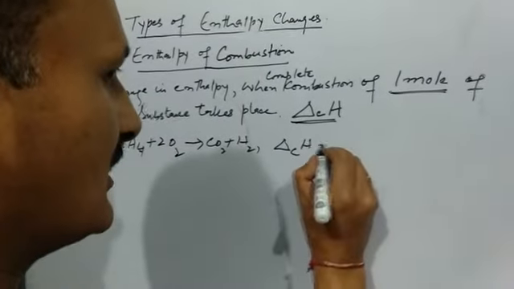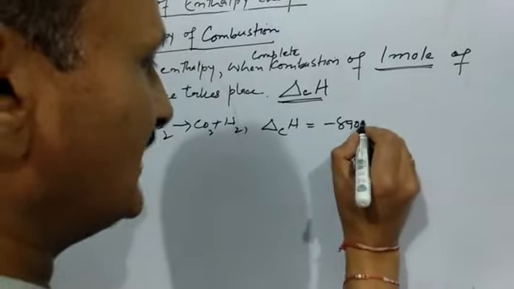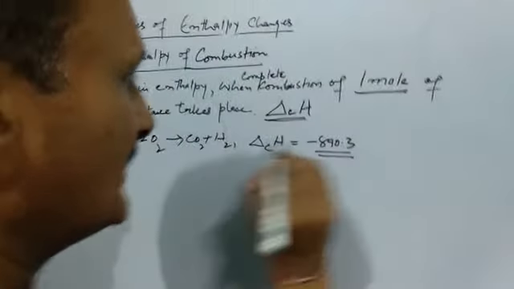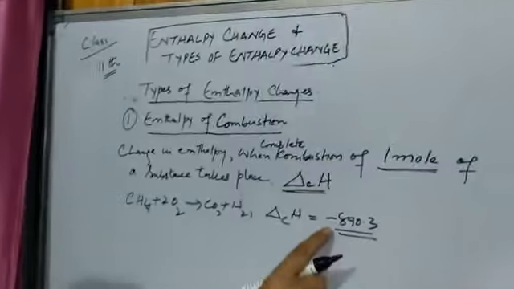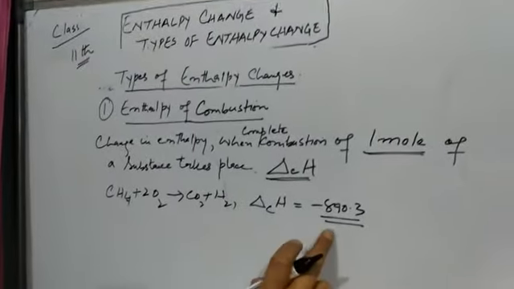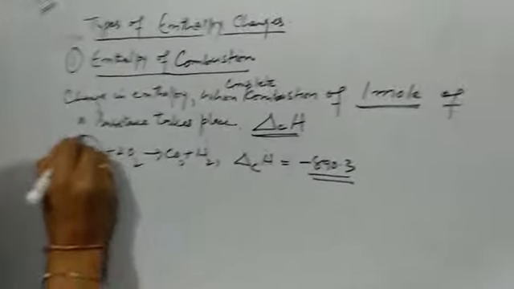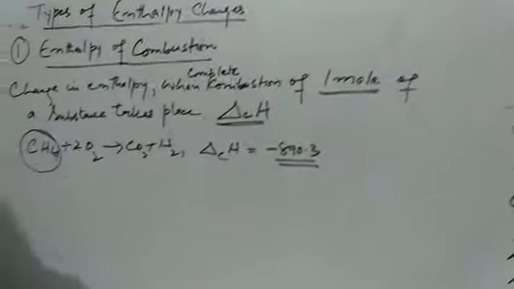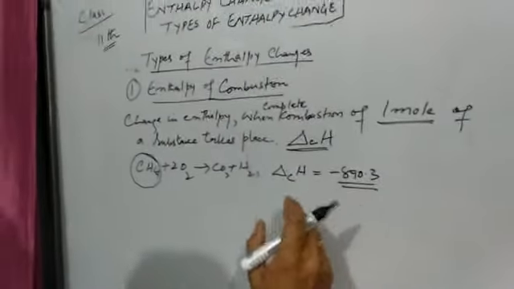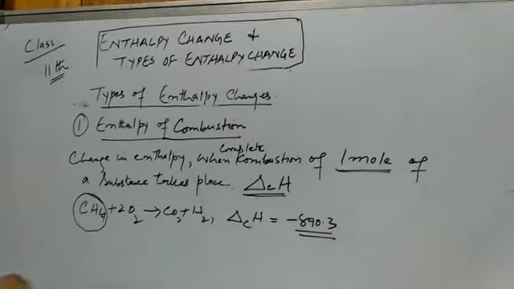Enthalpy of combustion is minus 890.3. That means it is an exothermic reaction. There is this much heat change, this much enthalpy change when 1 mole of the substance undergoes complete combustion. So this will be the enthalpy of combustion.